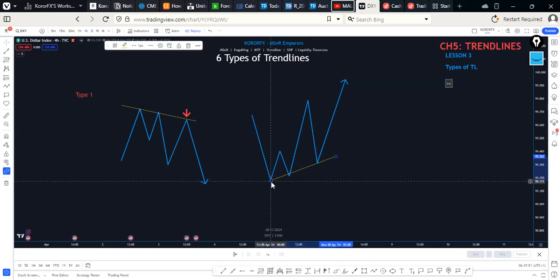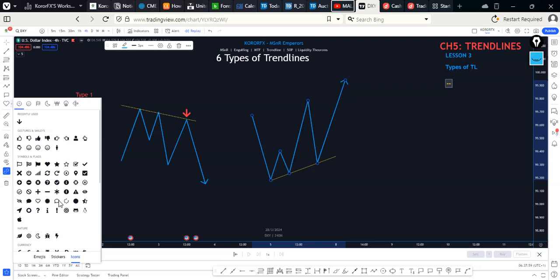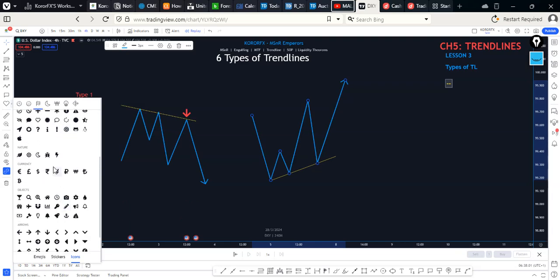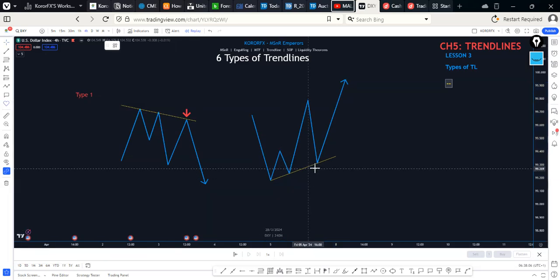So this kind of trend line is the reversal pattern, okay? Reversal trend line. You will enter and aim your buying here, okay? You will be buying from here.